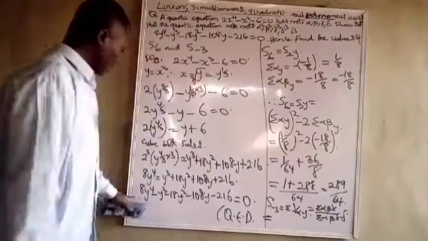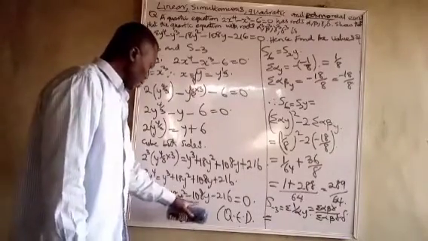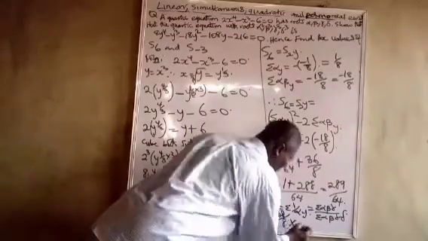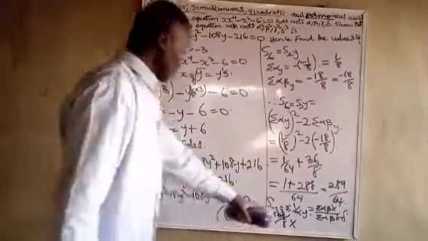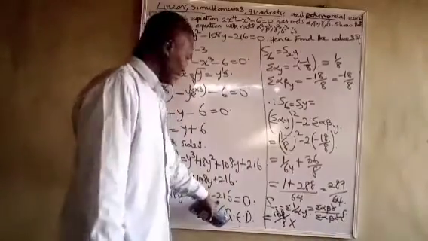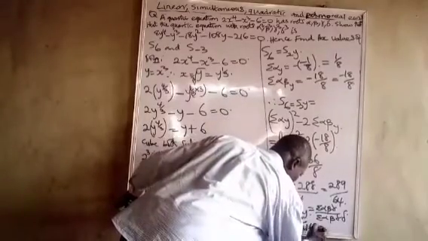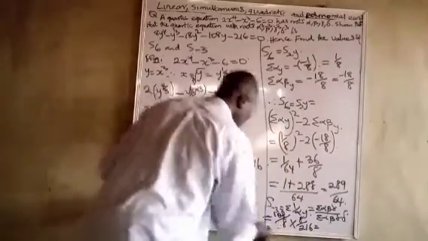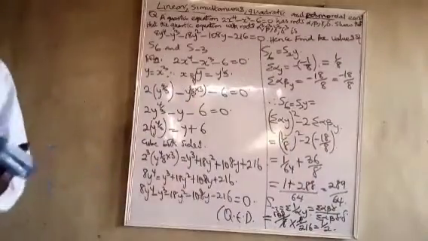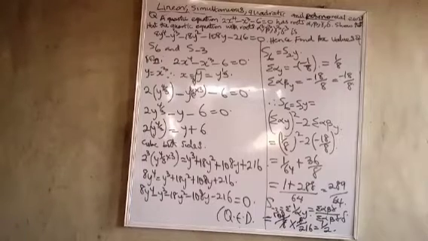This one is 108 over 8. 108 over 8 divided by this one, and that is minus 216 over 8. So this one will now be times 8 over 216. And that is half. That's half. So you can see how easy all these things are. Just observe and take the necessary steps.